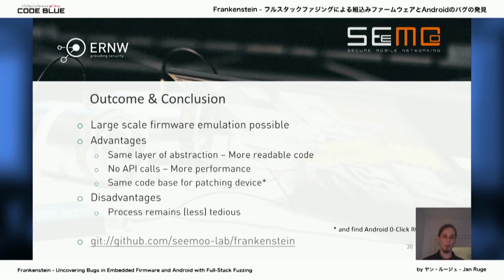Some advantages we think from our approach is, first of all, we are using the same abstraction layer for developing the emulation as a code developer would do. So we're writing C code and not, for example, Python code to perform an API call to read memory, to parse it using Python structs, etc. What is a complete mess.